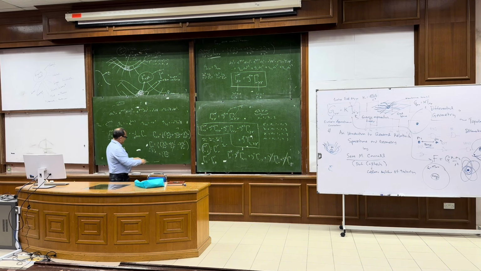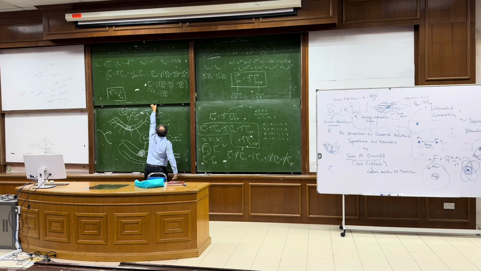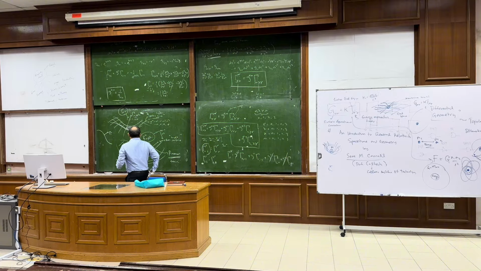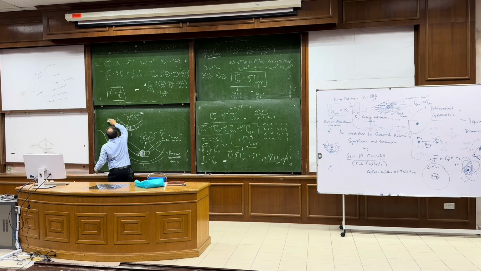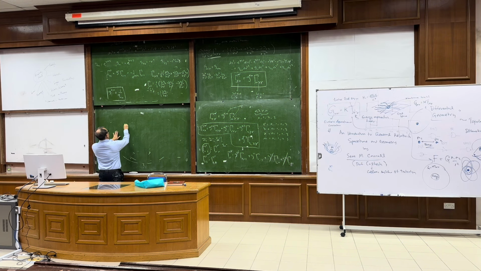So how do we calculate this? One example each. So 1 is 1 over 2 G11 dx11. So what is 1 over 2? G11 is what?